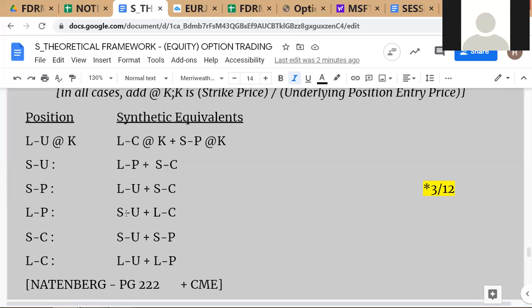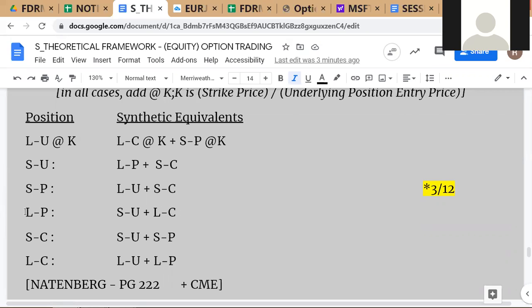So I would find out how much it would cost me to buy the call and go short the underlying. Total cost, including the interest cost: what is the cost of putting on this position versus this position. This is the original position, which I'm referring to as P, and this is the SE, the synthetic equivalent.